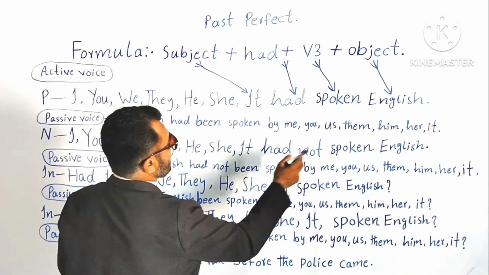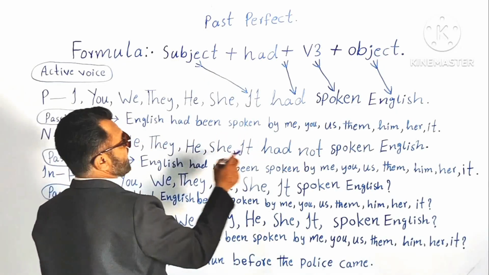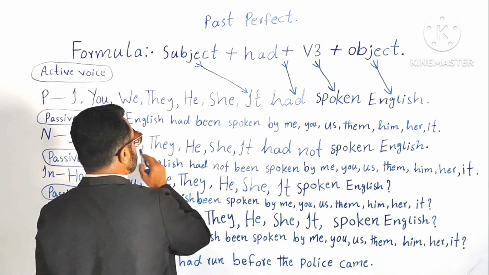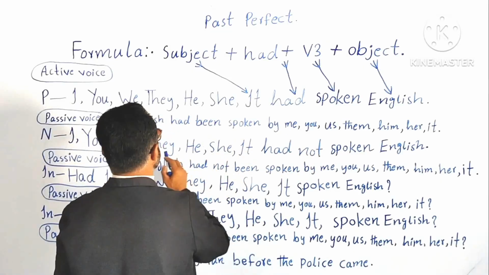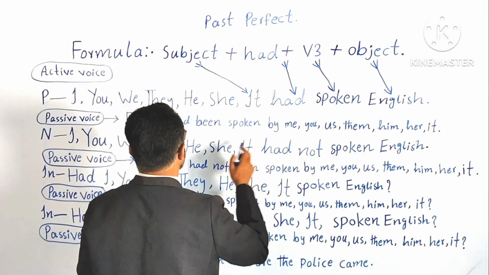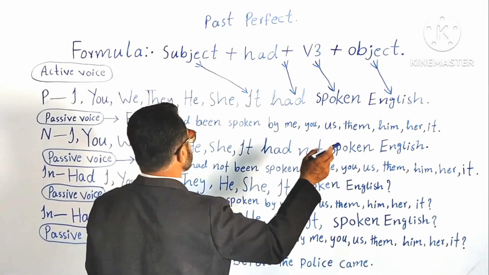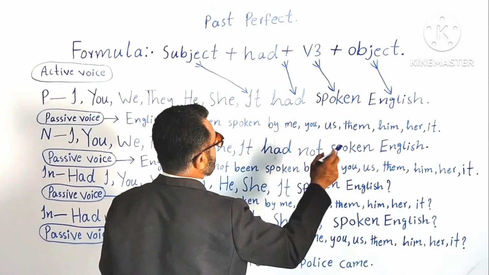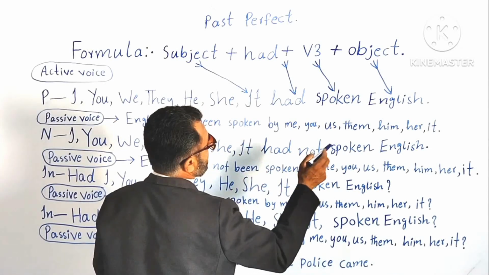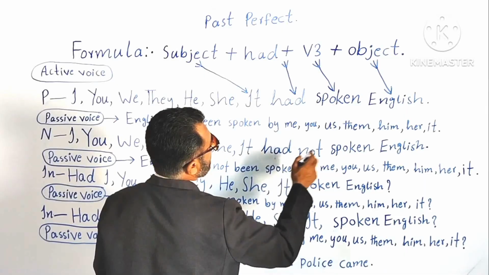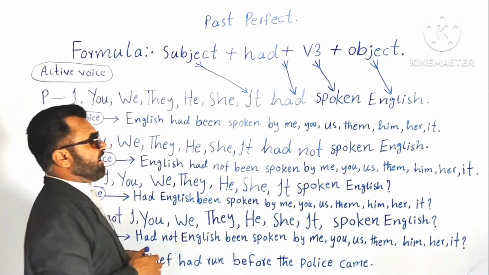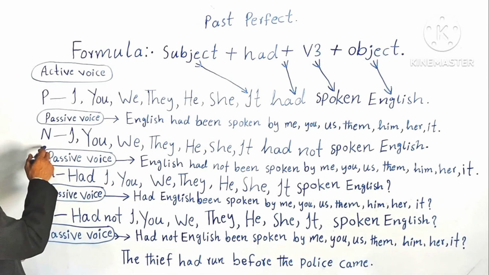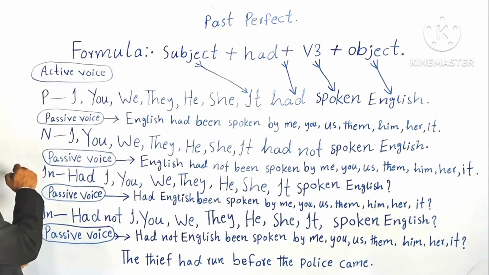Now listen to the example. I had not spoken English, you had not spoken English, we had not spoken English, they had not spoken English, he had not spoken English, she had not spoken English, it had not spoken English, Ali had not spoken English. Understood? So this was the negative example of active voice.